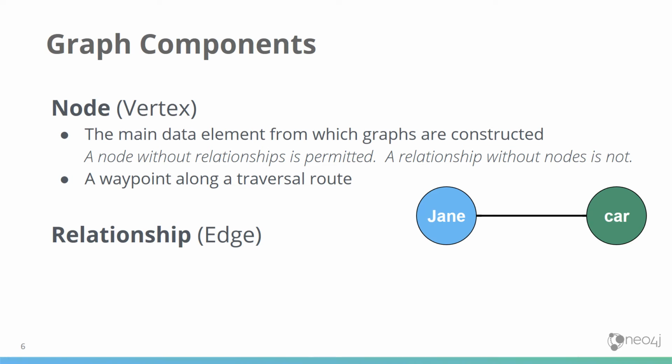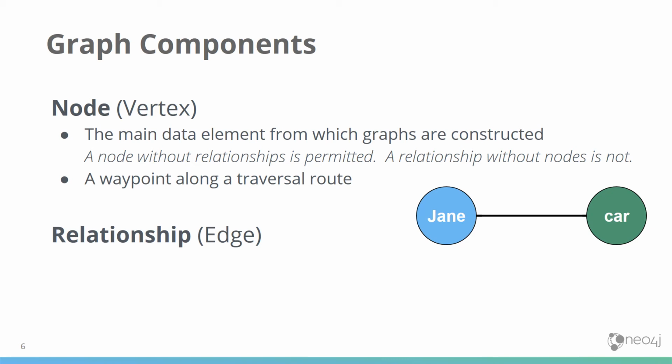Mathematically, a node is defined as a point where two or more edges or relationships meet. This is not at all intuitive. However, it provides important insight into how graphs are used. Since the entire point of modeling data as a graph is to traverse a chain of linked nodes, one useful way of thinking about nodes is that they are waypoints along the traversal route.